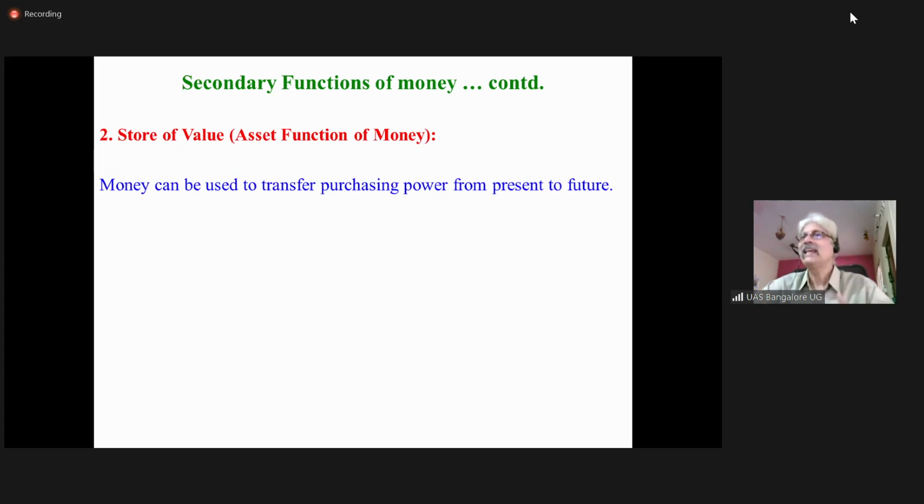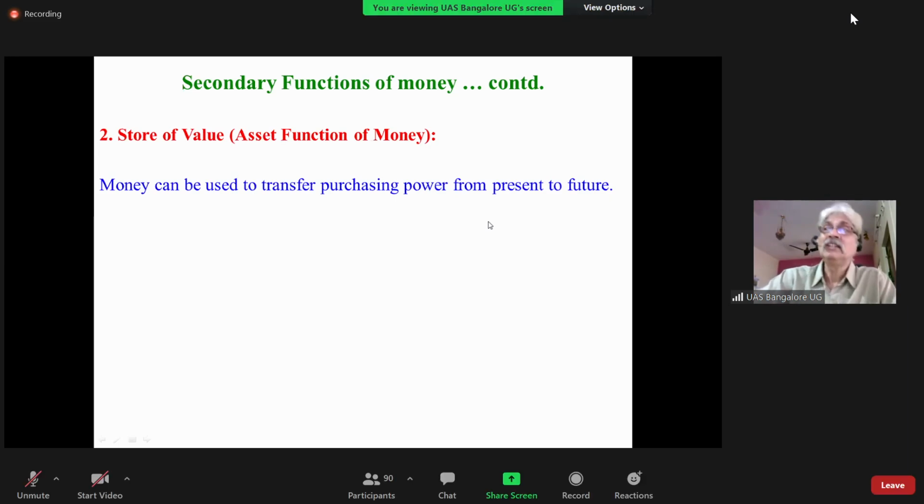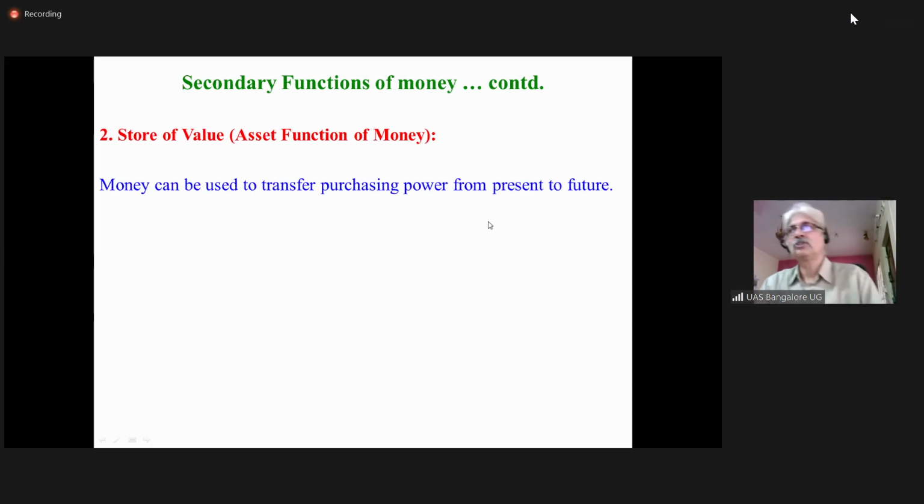So money can be used to transfer purchasing power. With money, you can purchase other commodities. So money has the purchasing power. It can command over the goods and services. So that purchasing power can be transferred from today to the future because of the existence of money.